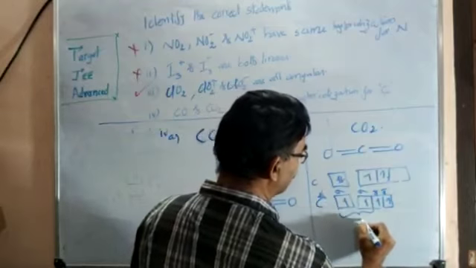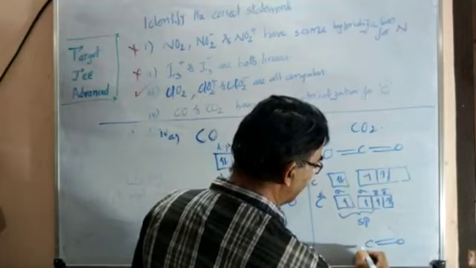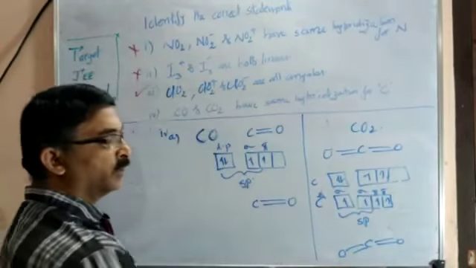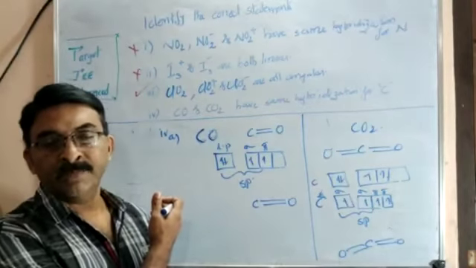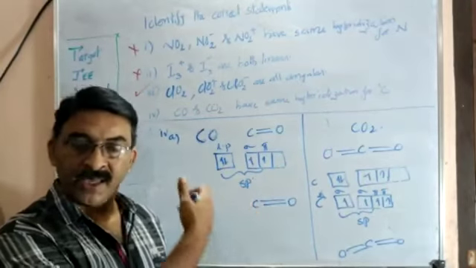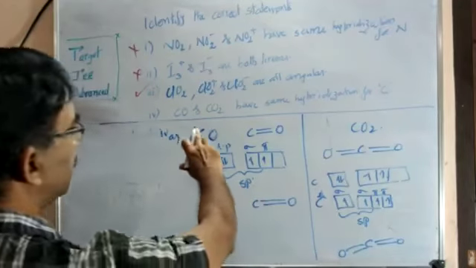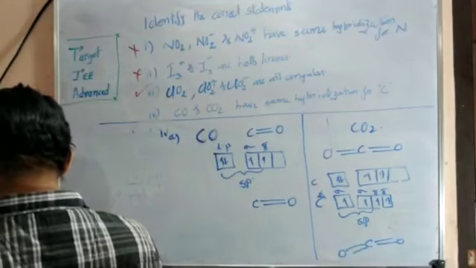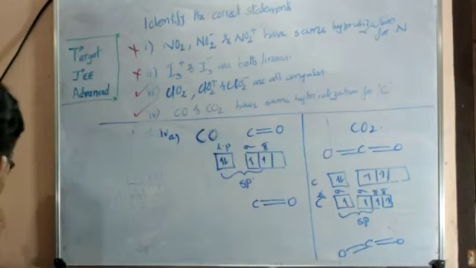So sp hybridization only, not sp2. So sp leads to linear geometry with the 2 sigma bonds and 2 pi bonds. So both CO and CO2 involve sp hybridization. In CO, there is no prior excitation, direct sp hybridization. In CO2, after excitation, again sp hybridization. Both lead to linear geometry. So the last statement, CO and CO2 have the same hybridization, is also correct. So that option has to be accepted, which says 3 and 4 are correct.